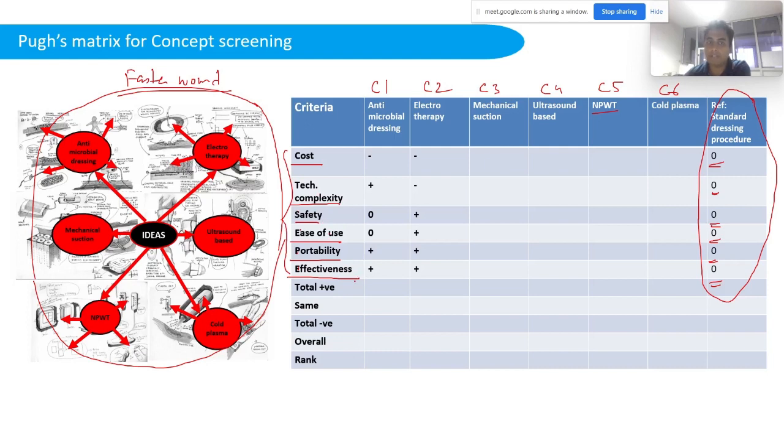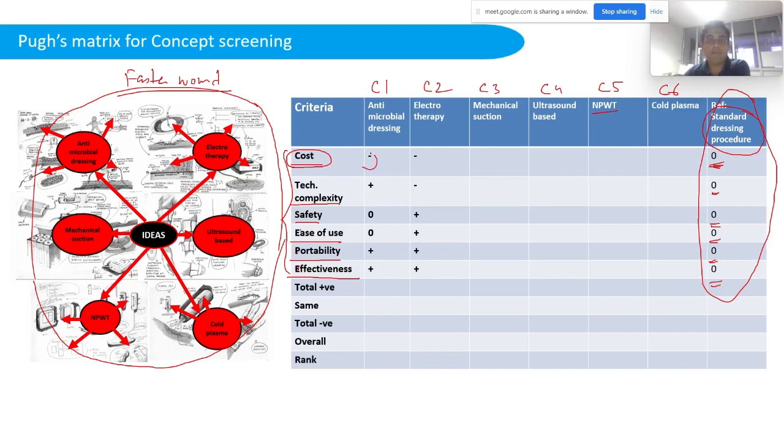of use, portability, effectiveness. And what we do in a Pugh matrix is that based on our reference, which is a standard dressing procedure, we try to see if this particular criterion is a positive feature or a negative feature for this particular concept. For example, antimicrobial dressing will be a bit costlier than the standard dressing procedure.